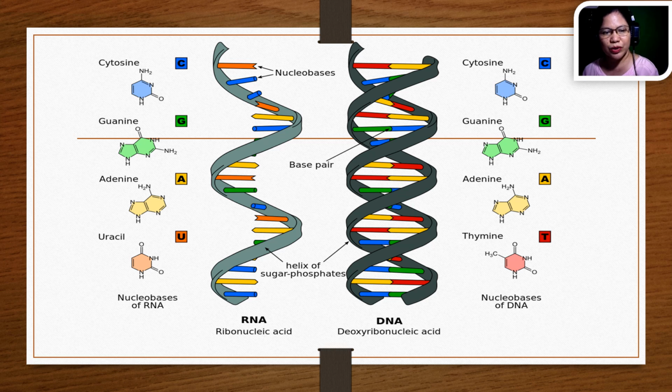So what's the function of this? As we mentioned, RNA carries the information that is coming from the DNA, while the DNA is considered the blueprint that carries the genetic information of the organisms.